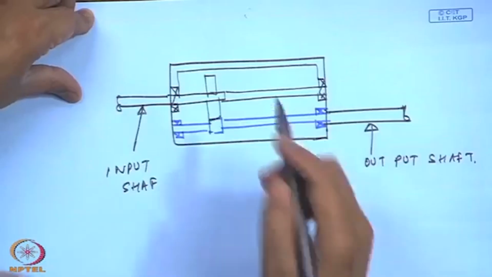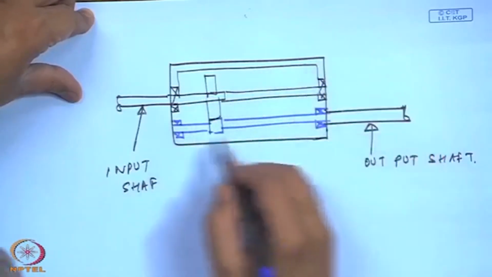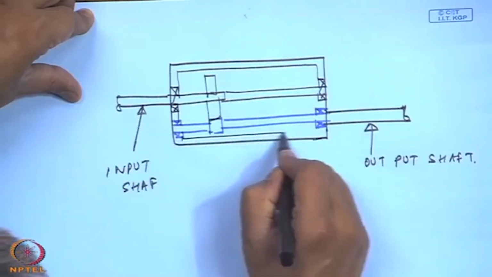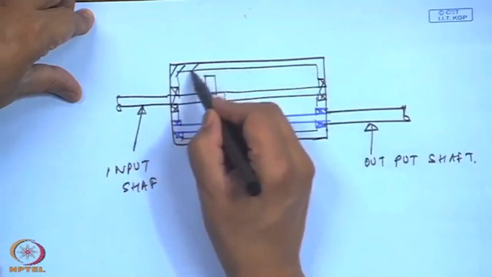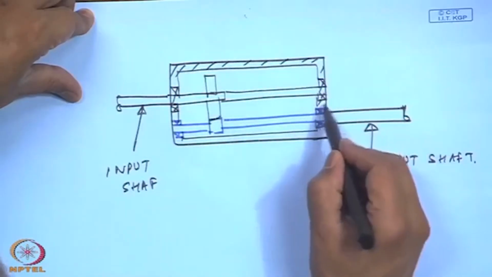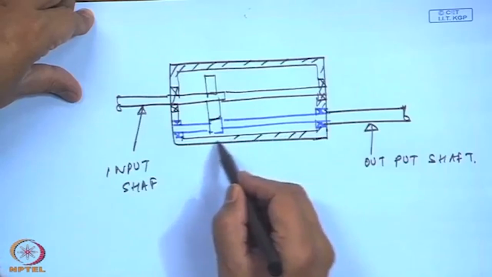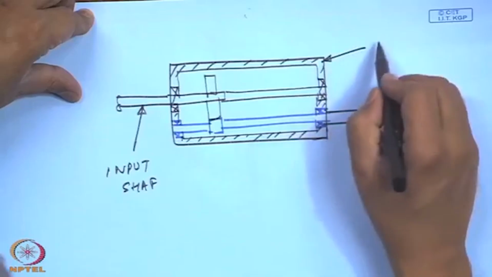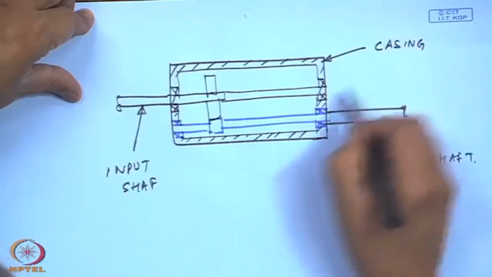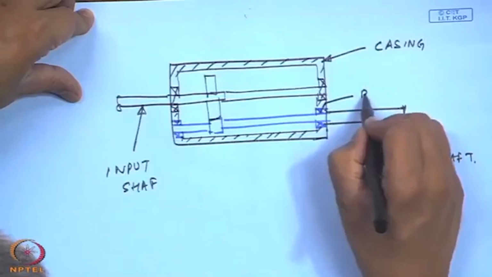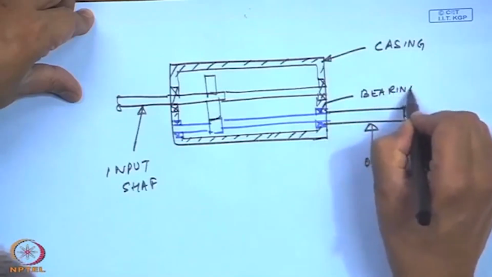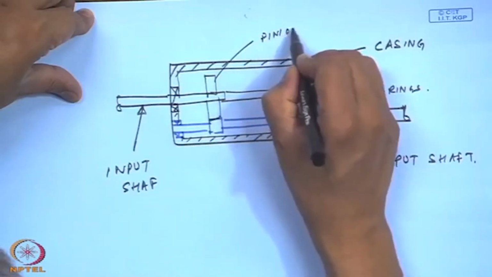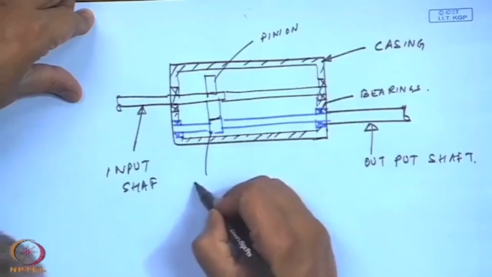This is just to demonstrate how a simple gearbox looks. This is the casing. These are the bearings, and this is usually known as the pinion gear, pinion, and another gear.